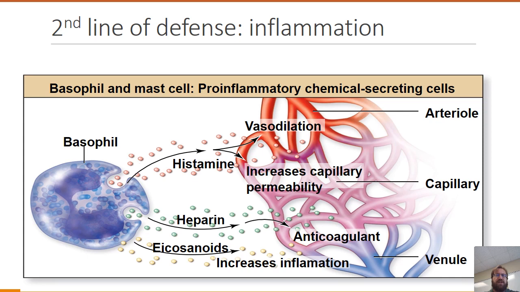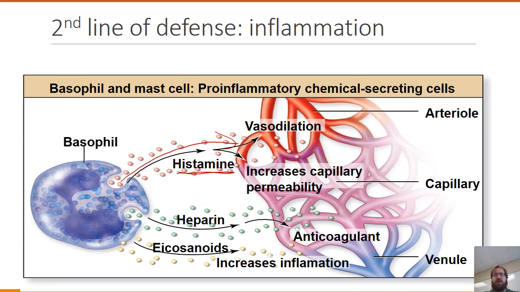Inflammation is one in which a basophil or a mast cell is going to release molecules. Okay, the first molecule it releases is called histamine. You've heard of antihistamines that try to prevent basophils from doing this in the context of an allergy situation. But in the context of a damaged tissue or an infection, histamine is a very good thing.